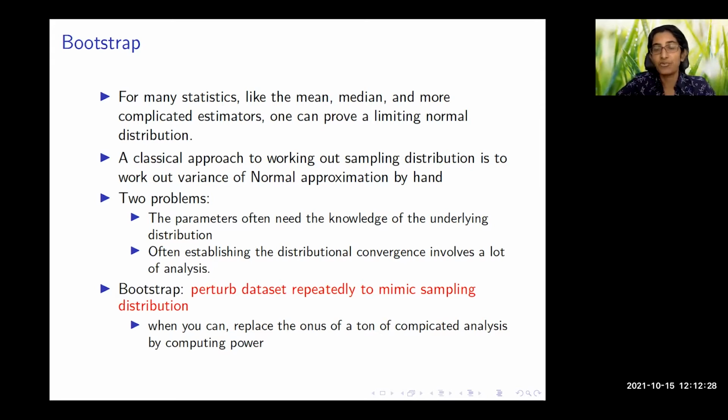And the way I think about it, it's kind of like replacing a ton of complicated calculations by computing power. Just plug into your computer, let it do the simulations. There are some cases where it won't work, but in a lot of cases, you will get an estimate of the variability.